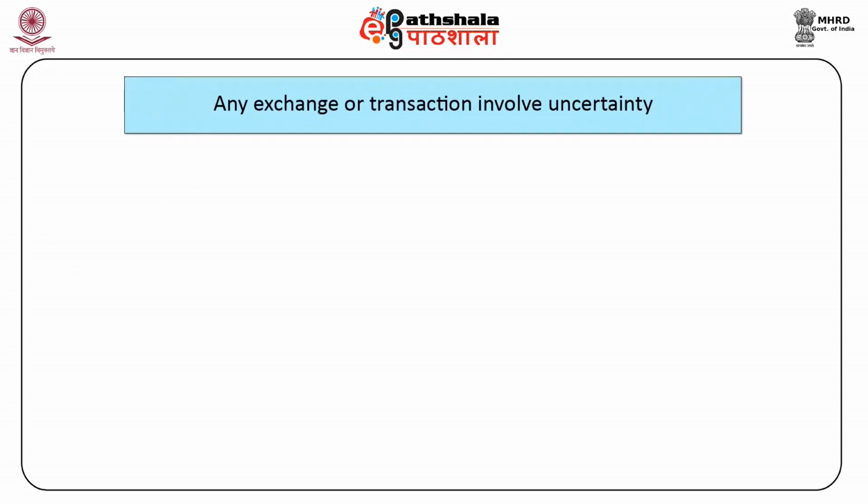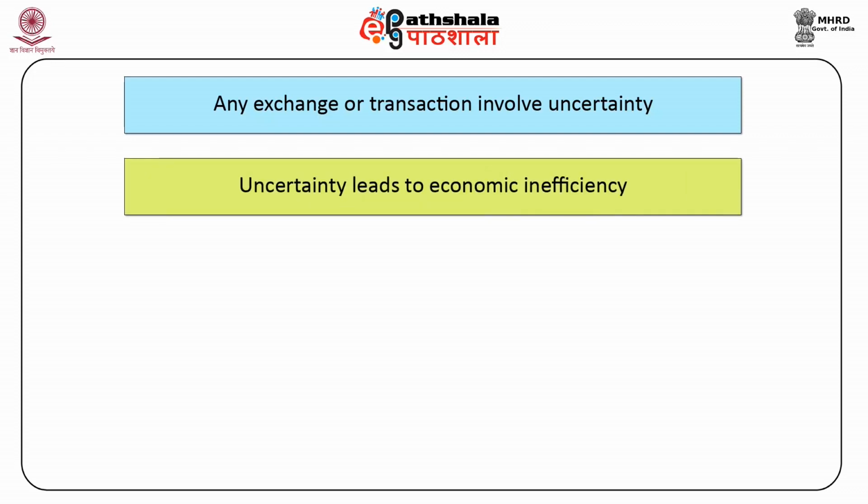Any exchange or transaction cannot always be certain and may involve a considerable amount of uncertainty. Uncertainty leads to economic inefficiency if both sides of the market, that is, buyers and sellers, do not have a similar level of information.